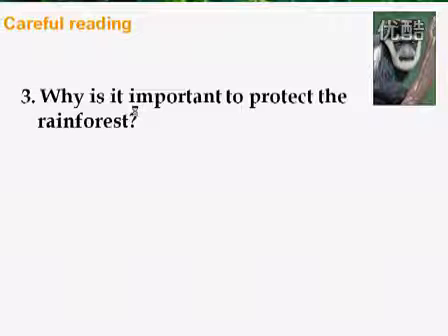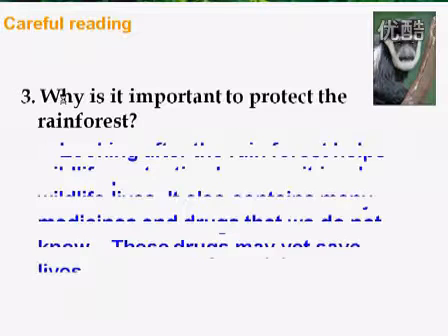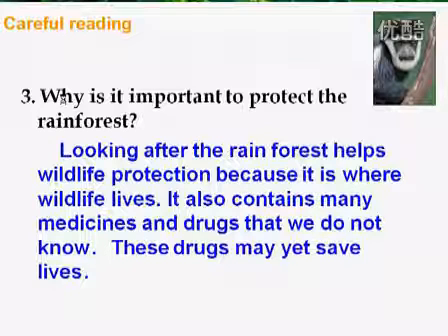那么这里说的是保护这个热带雨林的重要意义是什么呢？ Importance or we say significance 重要性重要意义。好 Looking after the rainforest helps wildlife protection because it is where wildlife lives. It also contains many medicines and drugs that we do not know.